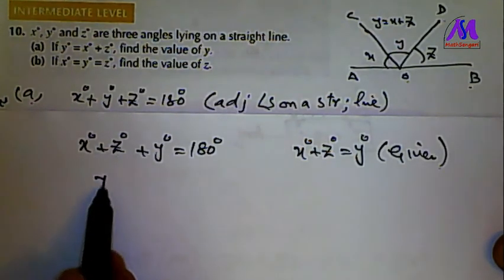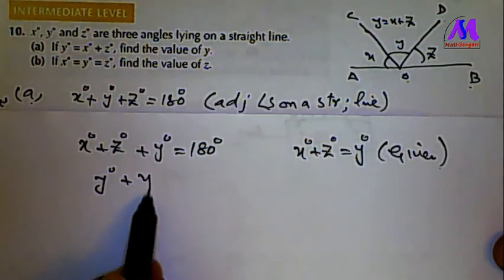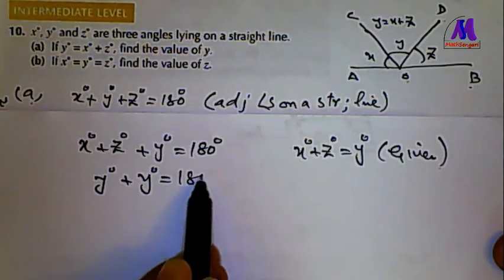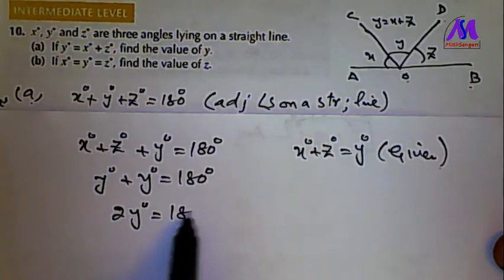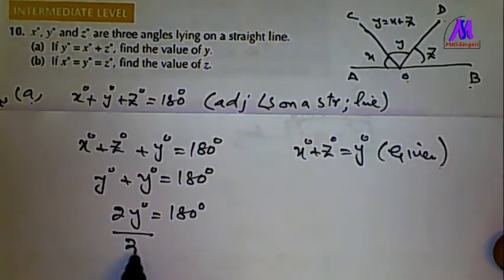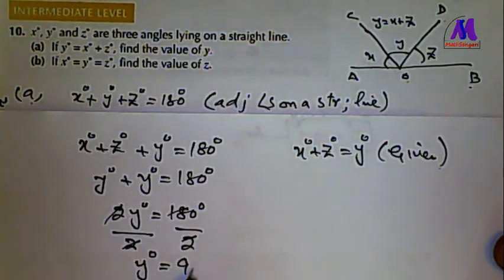So it will become y degree plus y degree will be equal to 180 degrees, which is 2y degrees equals 180 degrees. Divide both sides by 2, then you will get y degree equal to 90. So that will be the answer for part A.